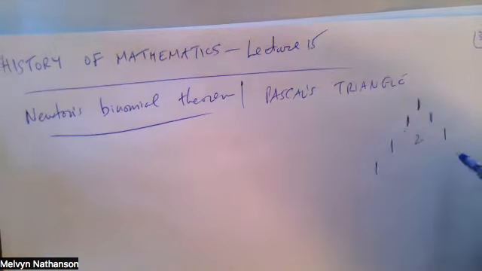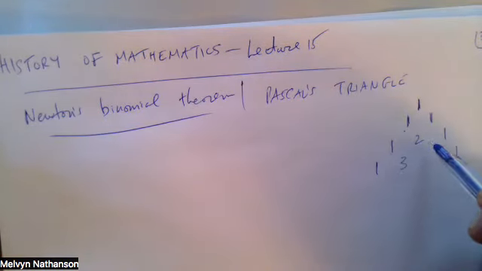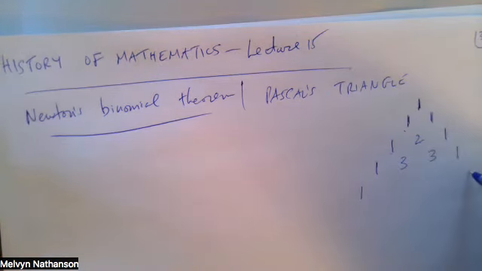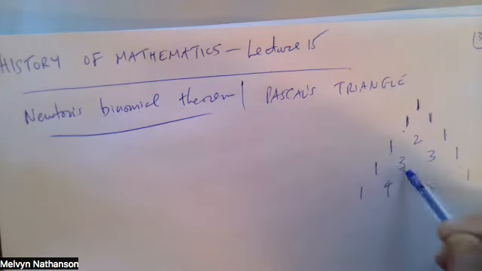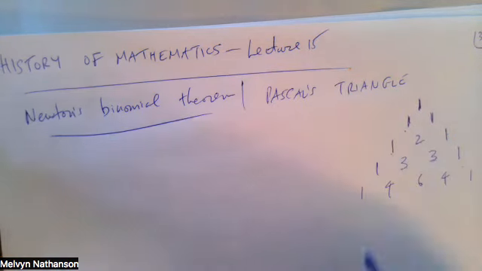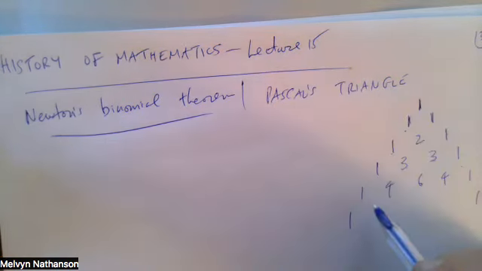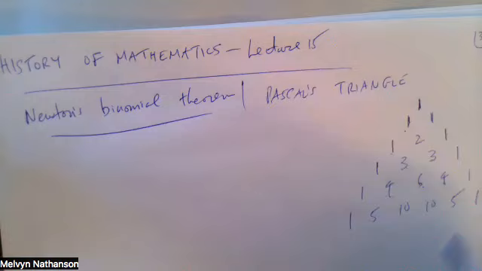In the next row, you put 1s at the ends, and inside 1 plus 2 is 3, and 2 plus 1 is 3. And the next row, there's a 1 at each end, and inside 1 plus 3 is 4, 3 plus 3 is 6, 3 plus 1 is 4. And in the next row, 1 plus 4 is 5, 4 plus 6 is 10, 6 plus 4 is 10, 4 plus 1 is 5.